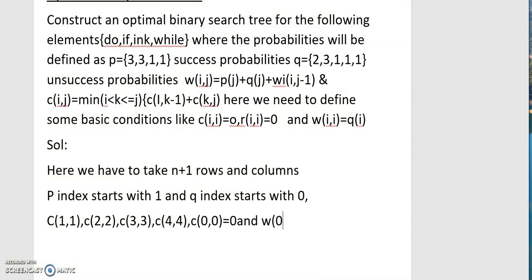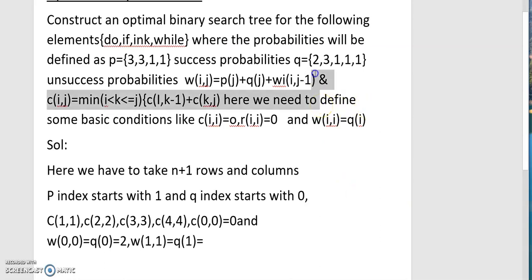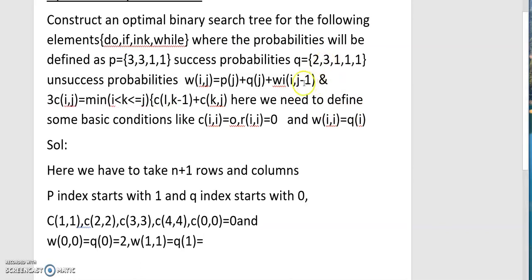W of 0 comma 0, first one, is equal to Q of 0. Q of 0 is nothing but 2, right? Q of 0 is equal to 2. Okay, and Q of 1, next W of 1 comma 1 is equal to Q of 1. Value how much? 3.